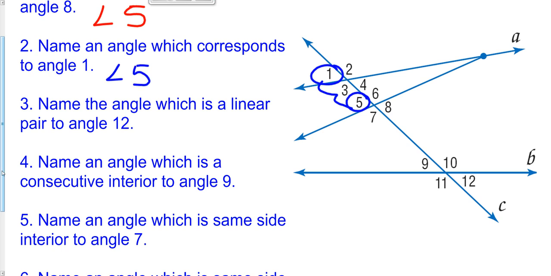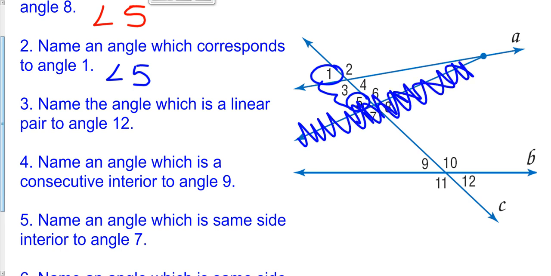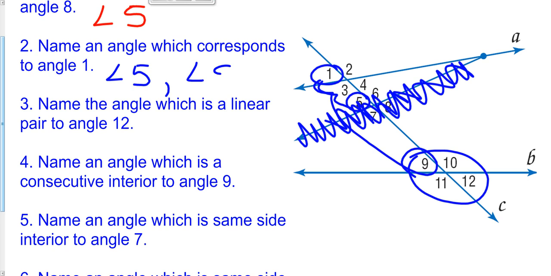What I want you to do here for a moment is visualize that, let's say this transversal isn't there. Let's say this line isn't there. Now we have 1, 3, 2, 4, 9, 10, 11, and 12. Now which one becomes the corresponding angle to angle 1? You skip angle 3 and move down to angle 9. So 5 corresponds, but that's not the only corresponding angle. Angle 9 also corresponds. So 2 answers for that one.